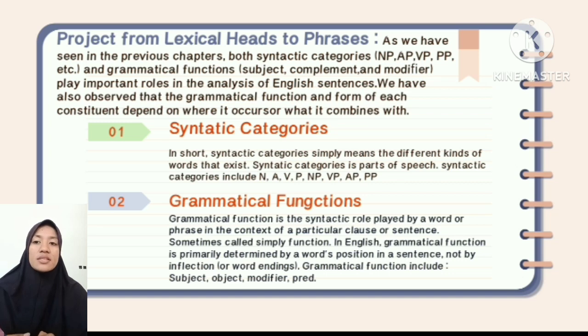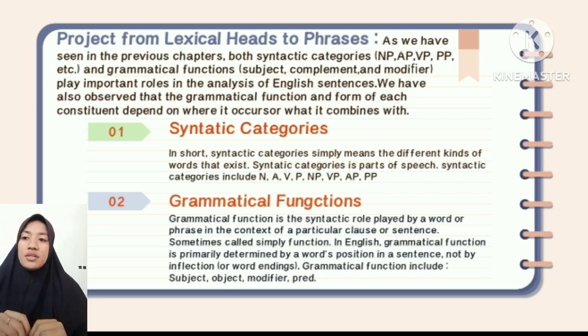Grammatical function is the syntactic role played by a word or phrase in the context of a particular clause or sentence, sometimes called simply function.